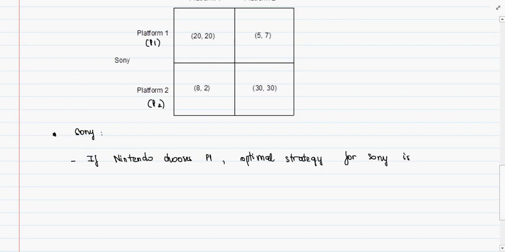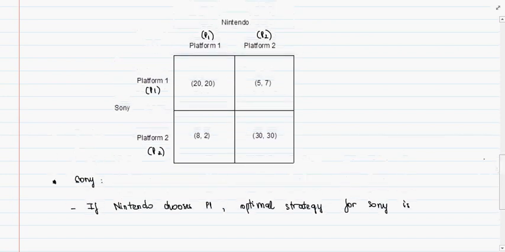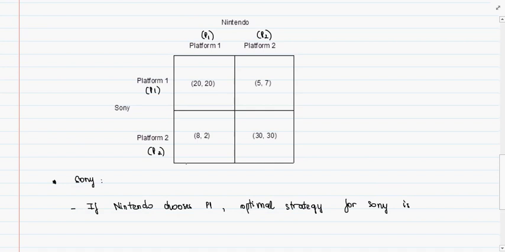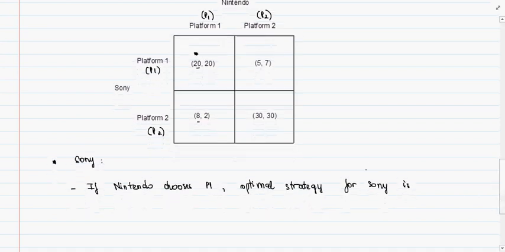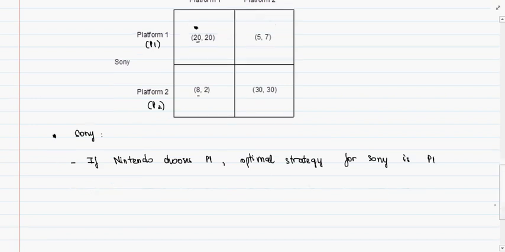Looking back at our table, Nintendo choosing platform 1 means we are looking at the first column. Sony has two options, either going with platform 1 as well and getting 20, or going with platform 2 and getting 8. 20 is better than 8, so I put a star here to indicate that is the optimal strategy for Sony: go with platform 1 as well.